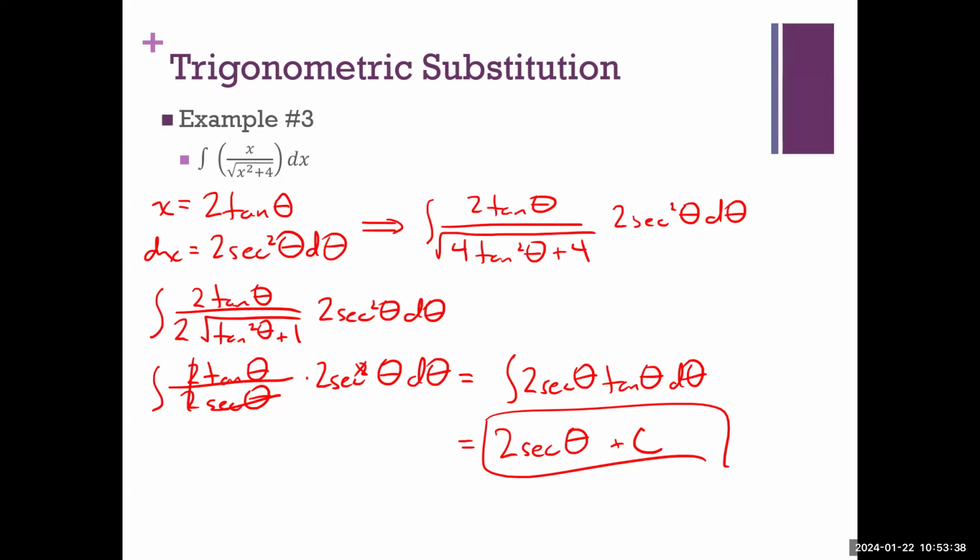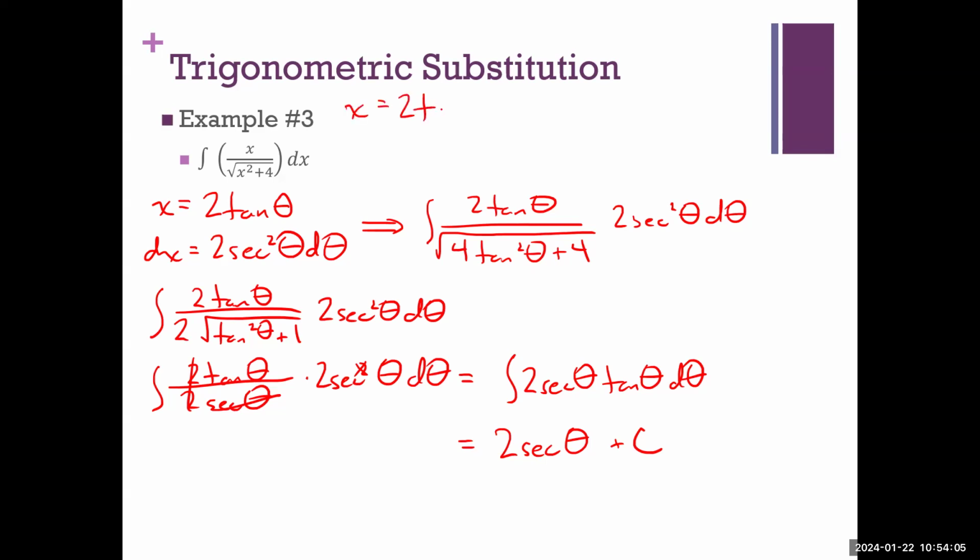And since it's been pointed out that the web work asked for it, let's actually finish by giving a function in terms of x. So I want to undo the substitution now. So how can I do that? Solve for theta first. Okay, using what? X substitution.